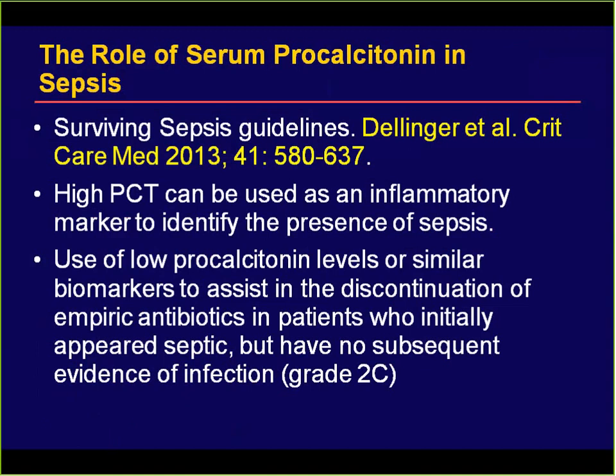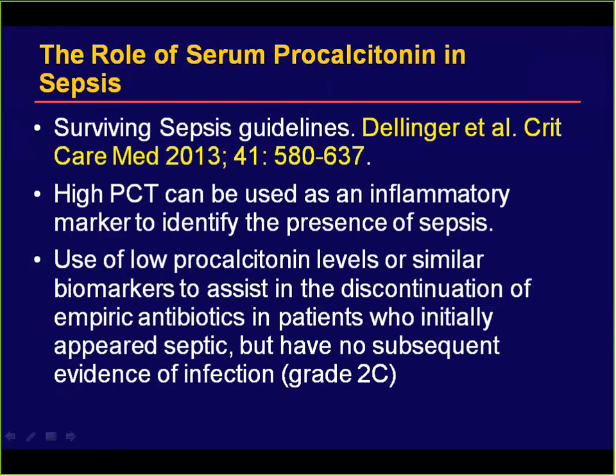The Surviving Sepsis campaign did talk about procalcitonin. They said a high level could be used as an inflammatory marker to identify the presence of sepsis, and use of a biomarker could assist in the discontinuation of antibiotic therapy in patients who initially were septic, but subsequently had no evidence of infection. And I think this is really a good summary of where it should be used in sepsis. I think probably even the first one may not be necessary.